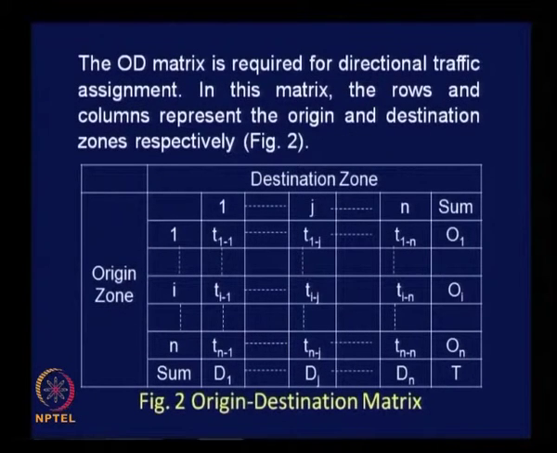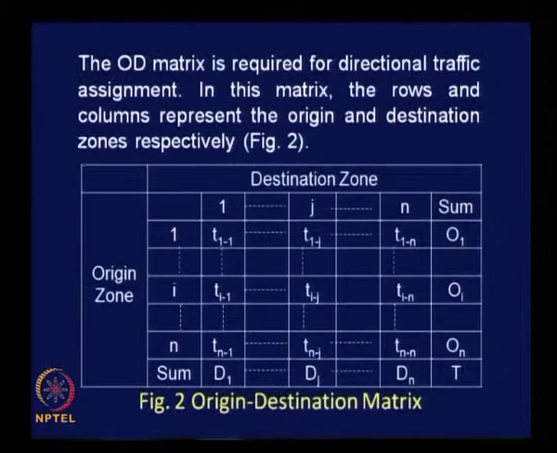Then the OD matrix. As I said, OD matrix is necessary to have information about the direction of movement, origin and destination. Once you have this information, you can perceive the direction of movement of trips from one zone to all other zones. That is the purpose of preparing an OD matrix. Now here the destination zones are given along columns and origin zones are given along rows.